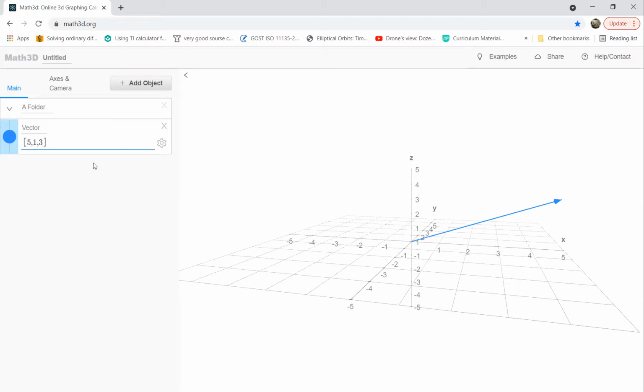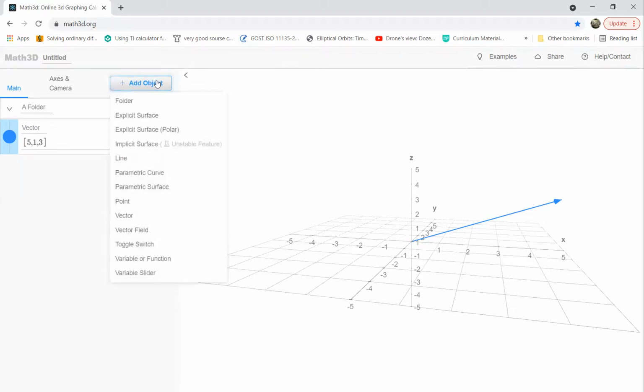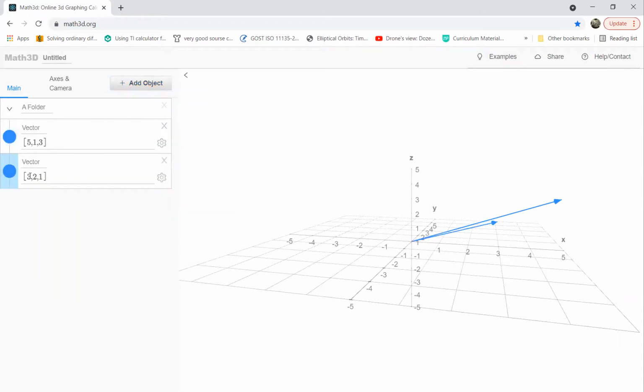This is the passing point. Let us add another vector. The second vector is our directional vector, 1, 4, negative 2.